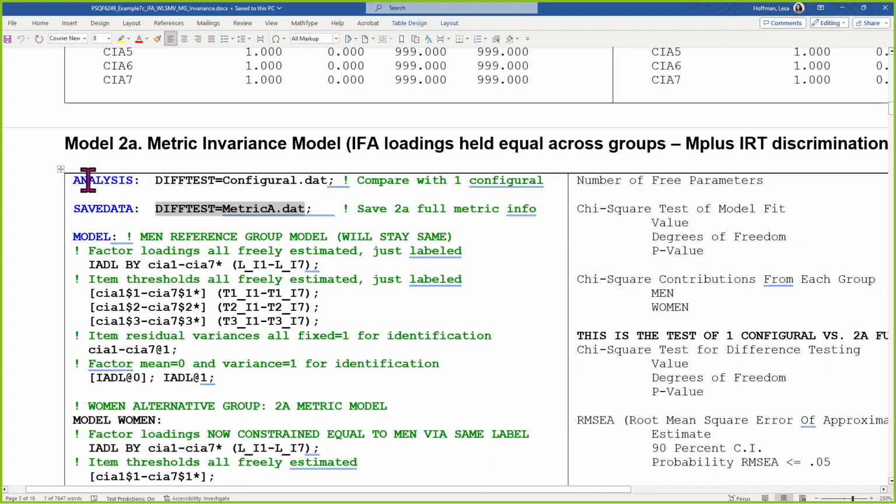And then under the analysis section, I'm saying, hey, go use the information from the previous configural model as my point of comparison. And this has to be done in this order. So it's convenient for invariance testing because it's always the most complex model, and then you simplify, simplify, simplify. That's the order in which diff test has to be applied. More complex model first, a less complex model second.